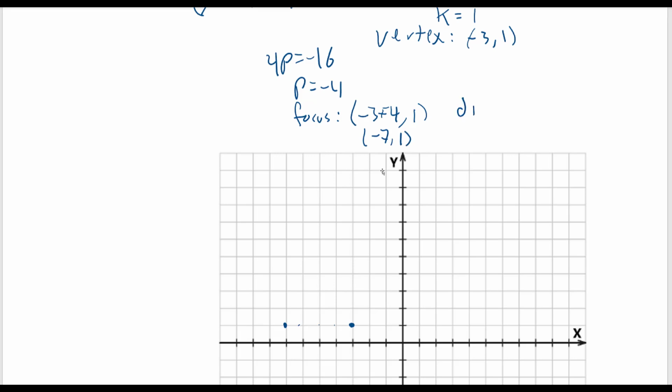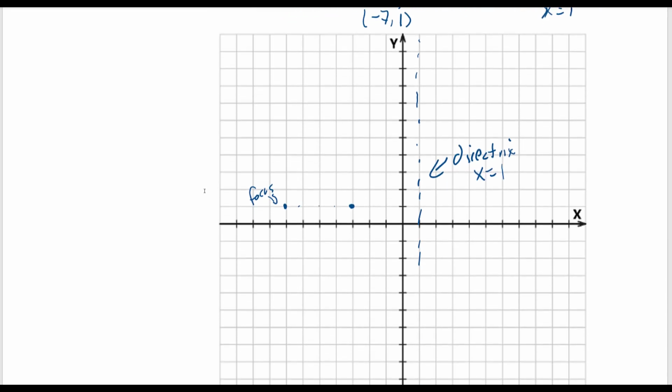Our directrix is going to be x equals negative 3 minus negative 4, so x equals 1. I guess I should label the axis of symmetry.